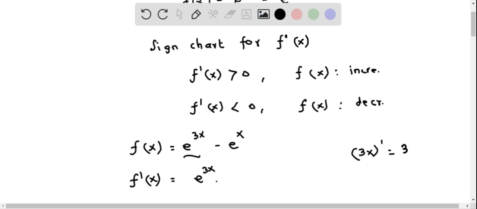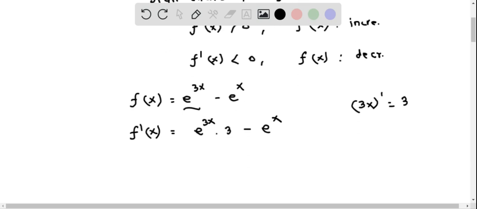So we multiply this 3 with this one, minus the derivative of e power x is e power x. So this equals 3 e power 3x minus e power x. So this one is f prime of x, which is the derivative of f of x.